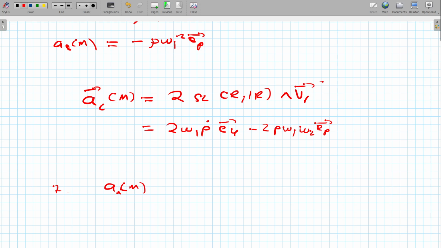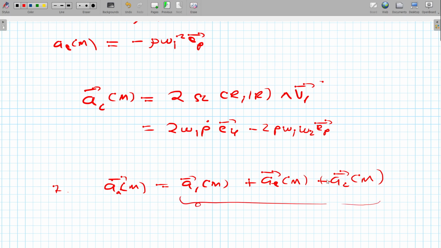The first one is l'accélération relative, plus l'accélération d'entraînement, plus l'accélération de Coriolis, like so. Then just add all the 3 expressions, group the terms, factor out the common terms, then simplify. You'll be able to get the final answer. So I'm going to leave it here.